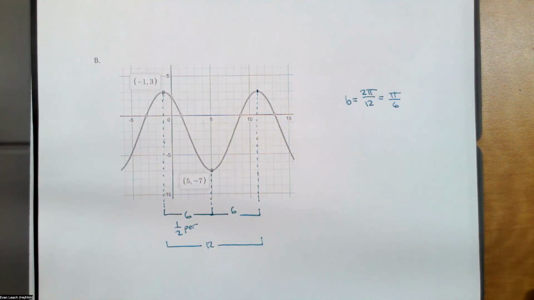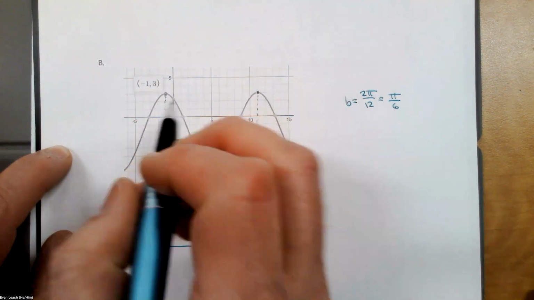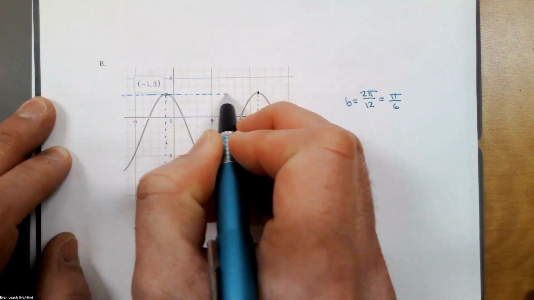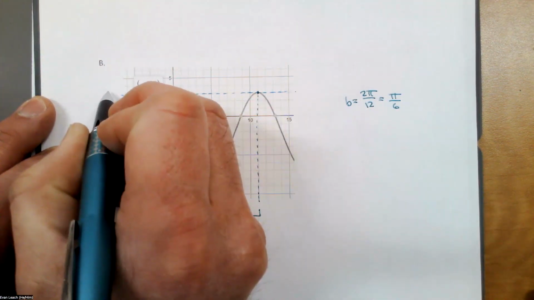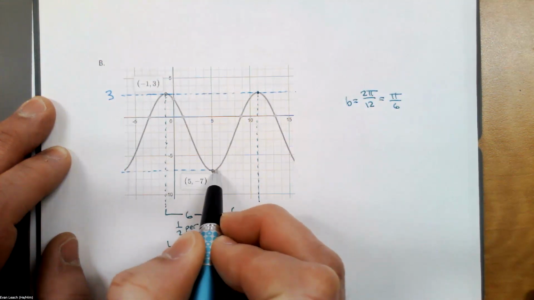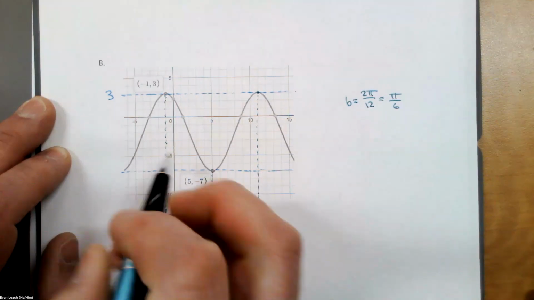So the other thing that we have in this problem, now we've got the period sorted out at pi over 6. We have the top is at, all the y coordinates up here are going to be the same. So the top is at 3. And we can see that the bottom is down here at -7.